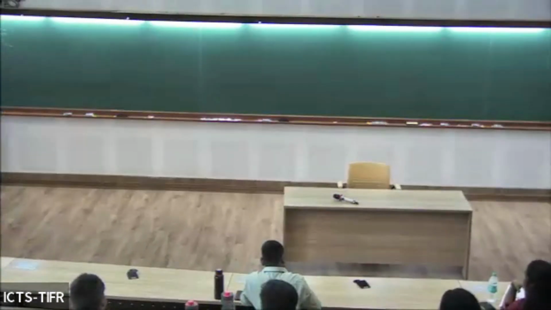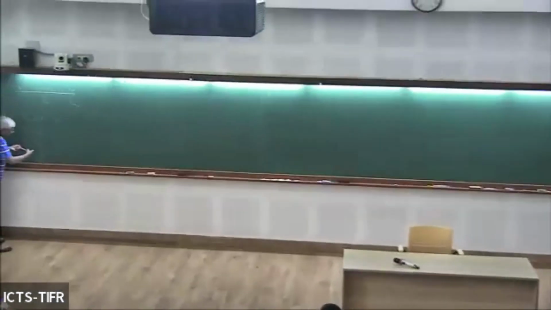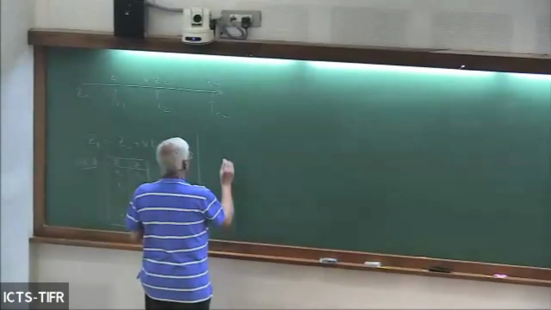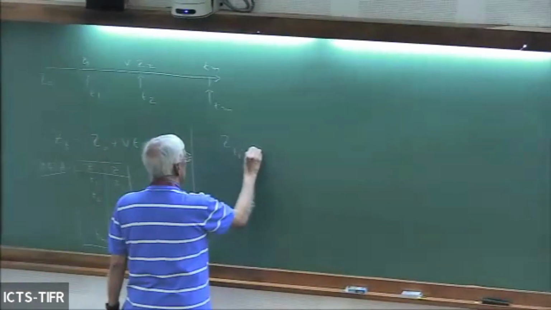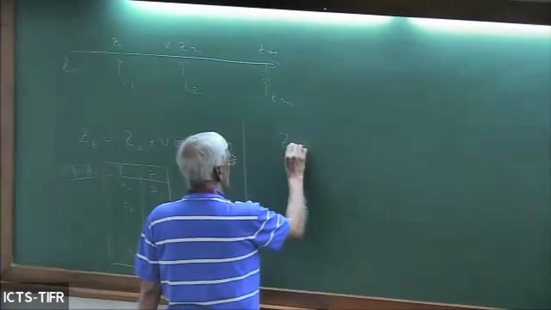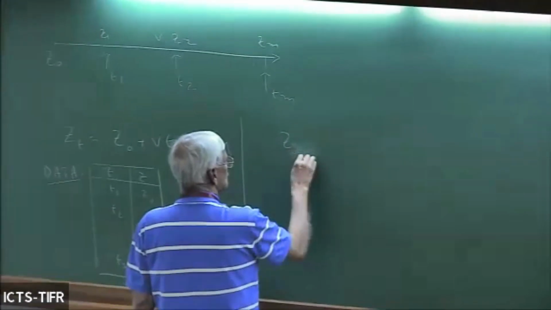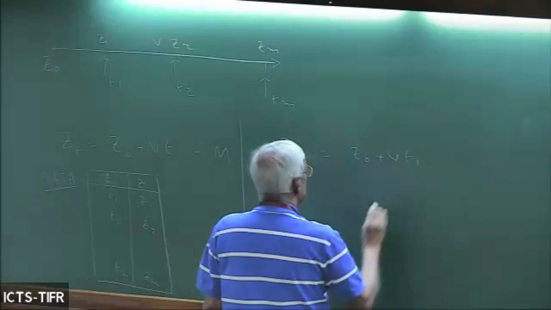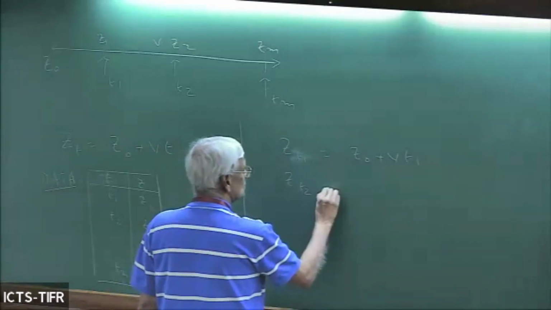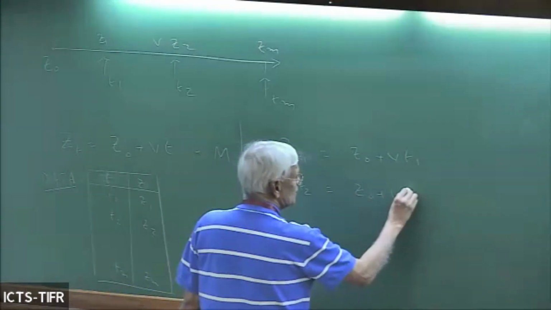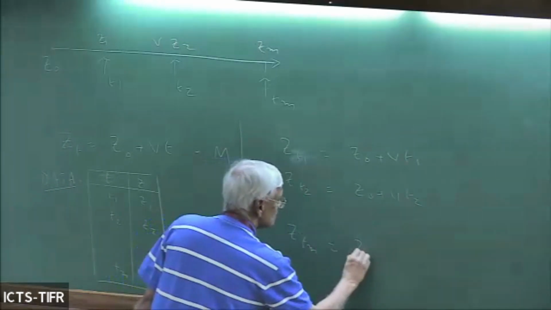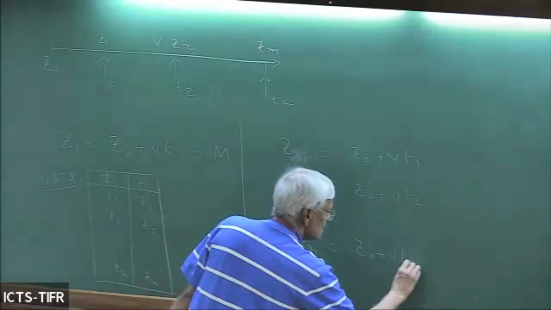So what is it I want? I want to be able to use this to get what I want. So Z at T1 must be equal to Z0 plus V T1, Z at T2 is equal to Z0 plus V T2, all the way up to Z at TM is equal to Z0 plus V TM.